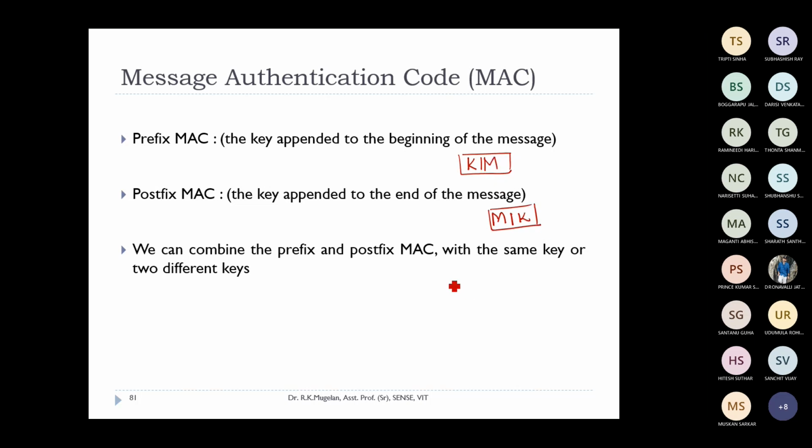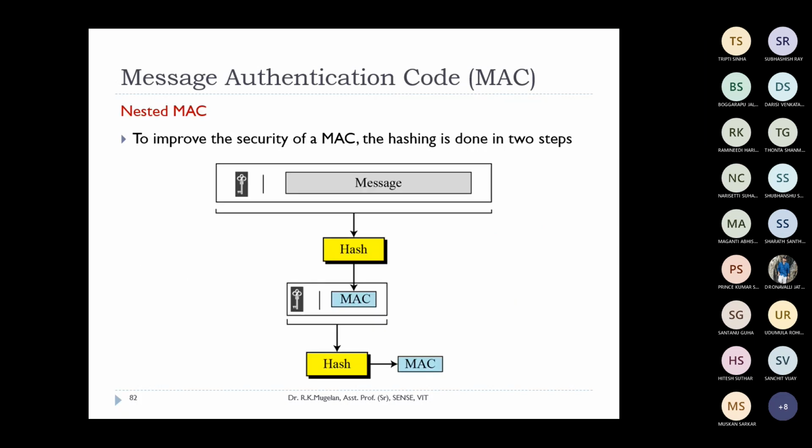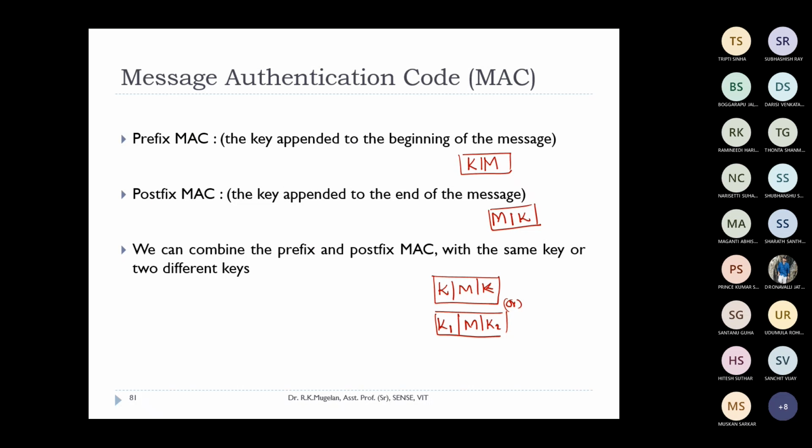Otherwise, there are certain methods where they add the key both at the beginning as well as at the end. They can use the same key at both places, or they may use two different keys at the prefix and suffix. So you can combine both techniques. Is it clear, guys?